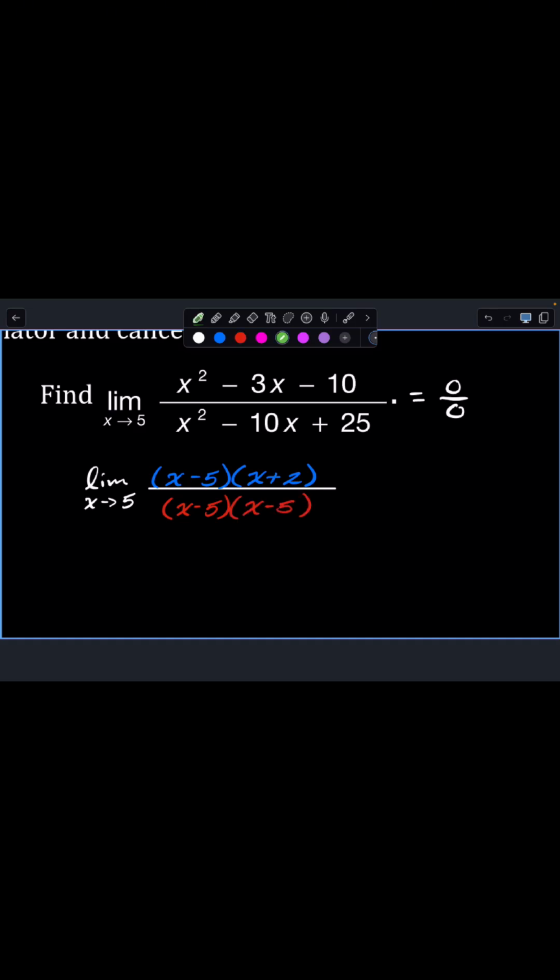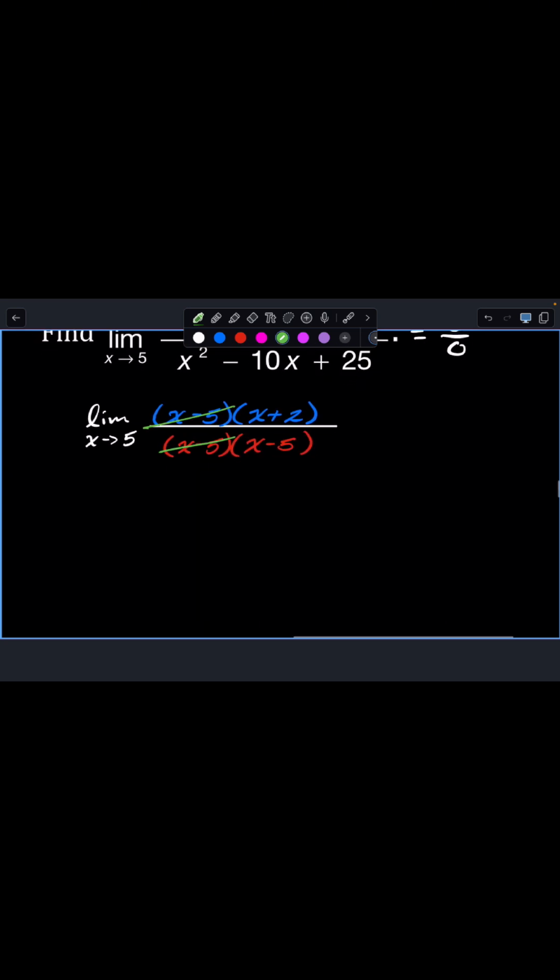Now we simplify. So the x minus 5's cancel. So we're left with the limit as x approaches 5 of x plus 2 divided by x minus 5.